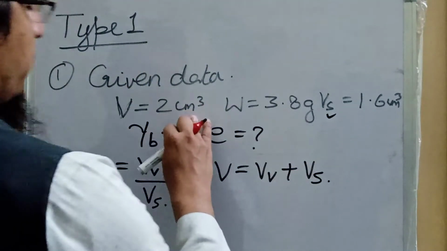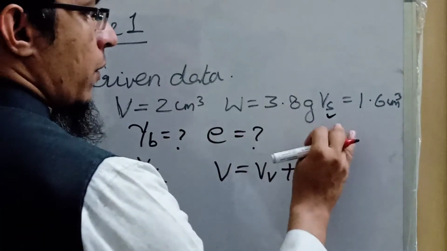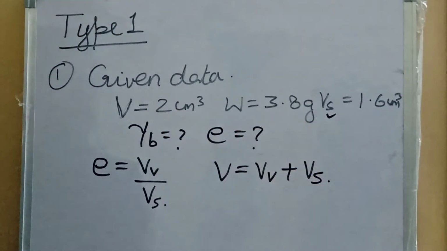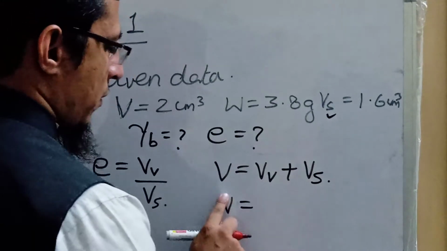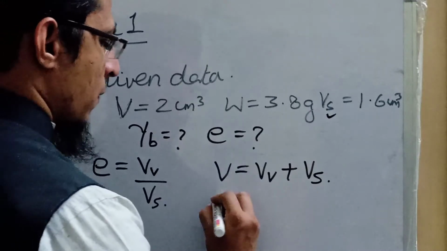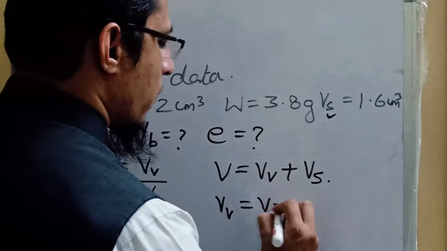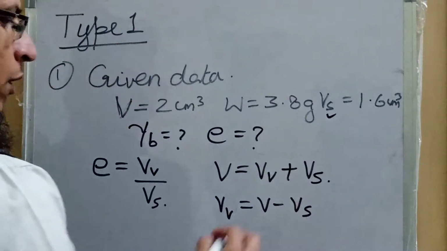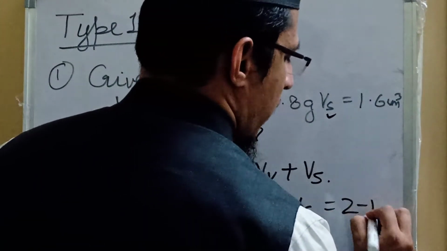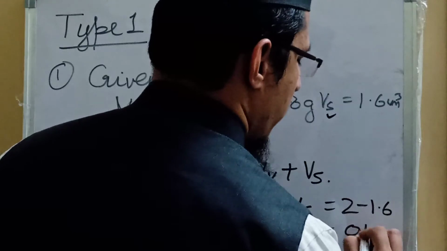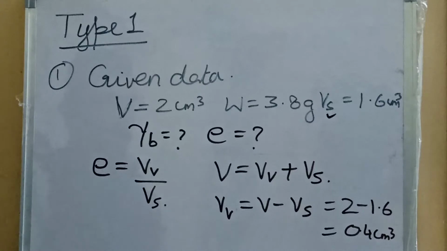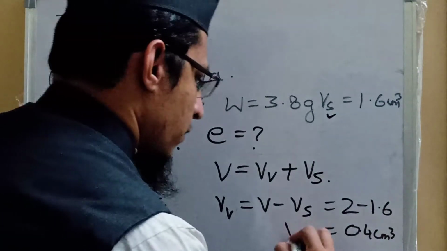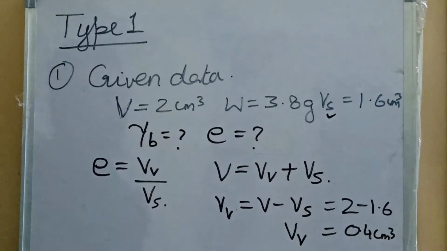So we have total volume 2 centimeter cube, volume of solid as 1.6 centimeter cube. So volume of void will be total volume minus volume of solid, that is 2 minus 1.6, which is 0.4 centimeter cube.